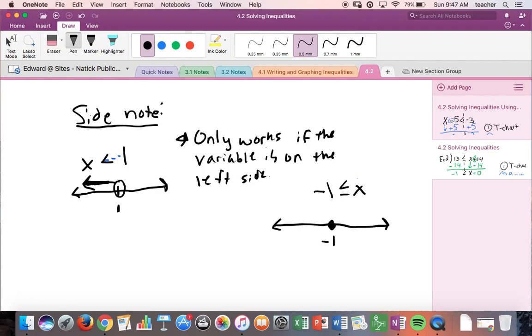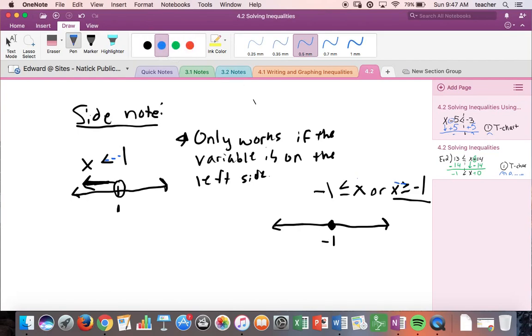Instead of being -1 is less than or equal to x, that is equivalent to x is greater than or equal to -1. Now that my variable is on the left side, I can use the method.